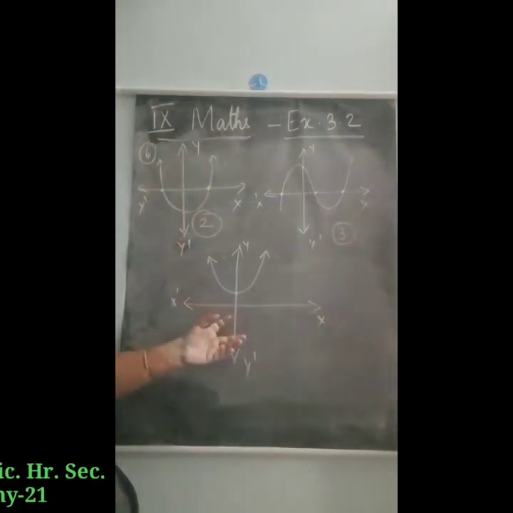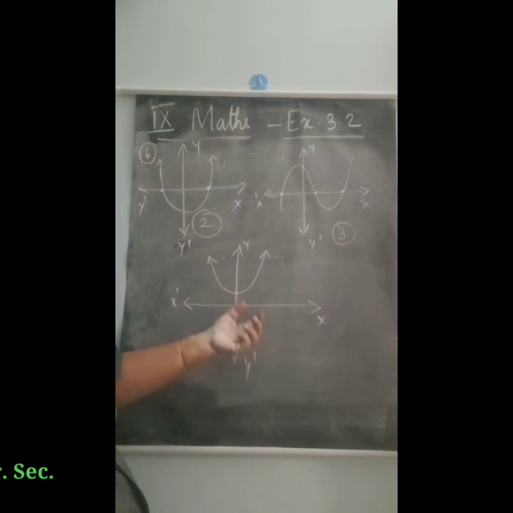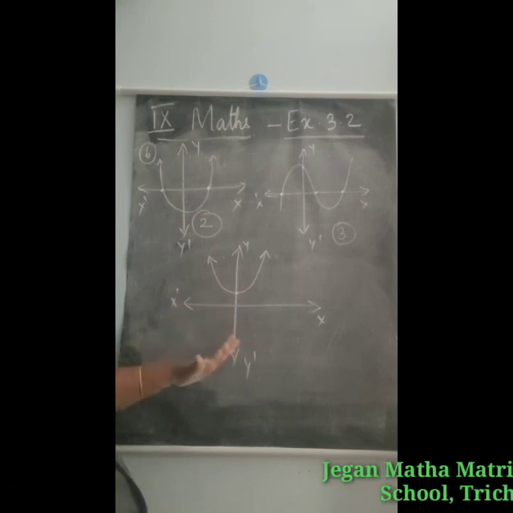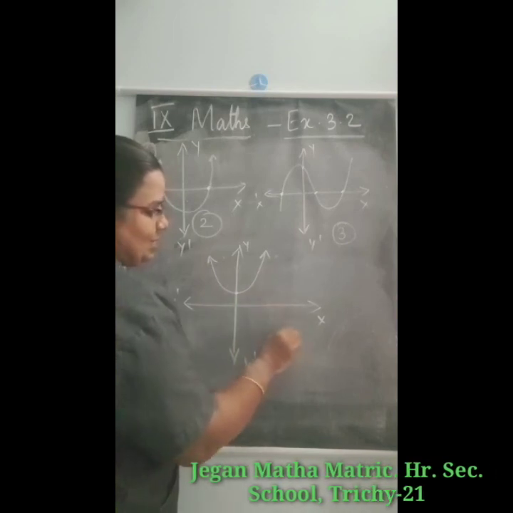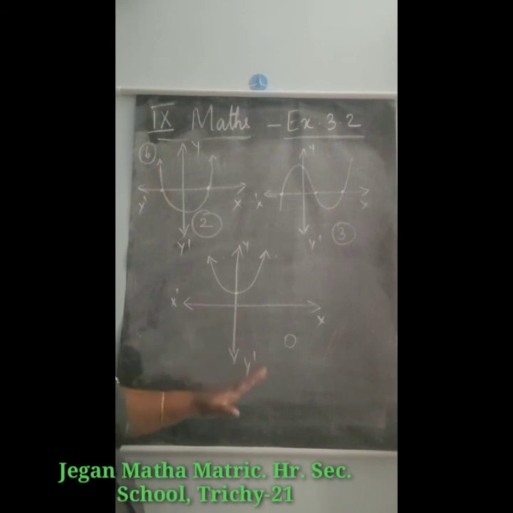And in this graph, there is no curve cutting the x-axis. It cuts only the y-axis. So the number of zeros of the given curve is 0, because it does not cut the x-axis.